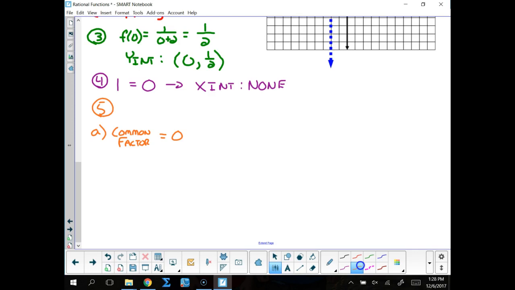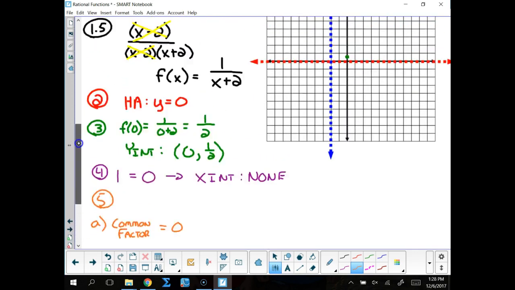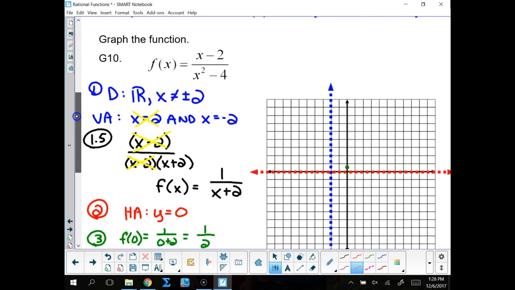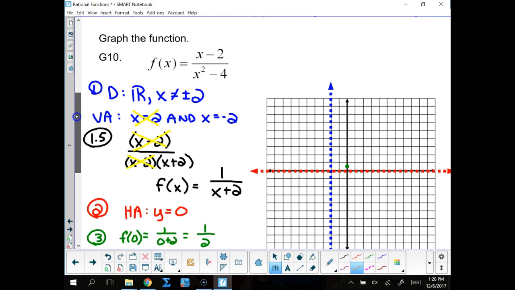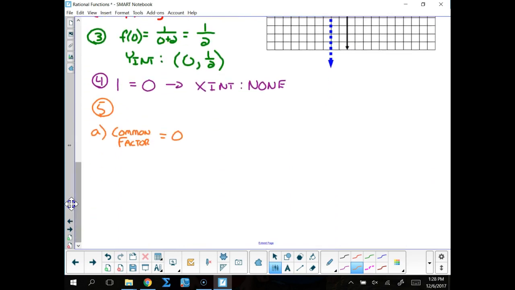The common factor in this case was x minus 2. It's what we factored out. Okay? I set that equal to 0. Then, part B says I'm going to solve that. X equals 2.